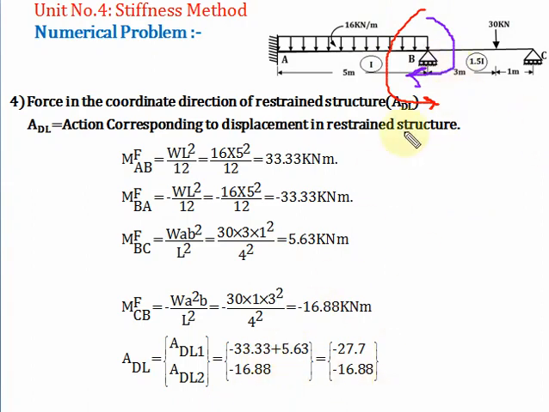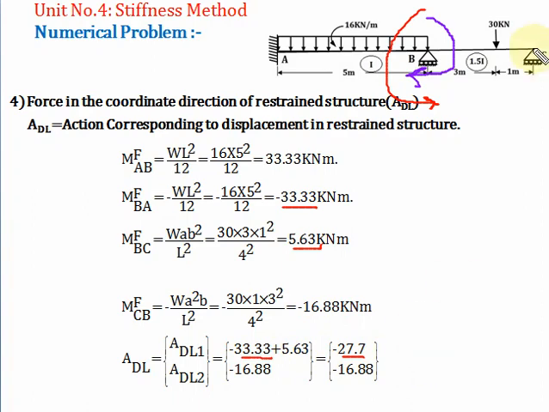In member BA, it is clockwise, so minus 33.33, and the moment in member BC is plus 5.63, acting in anti-clockwise direction. So at support B, minus 33.33 plus 5.63. So the ADL value will be, if you solve this, minus 27.7.